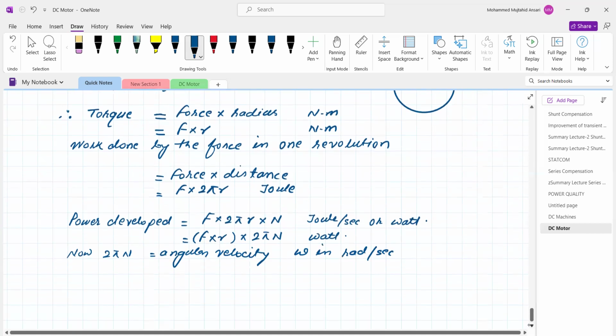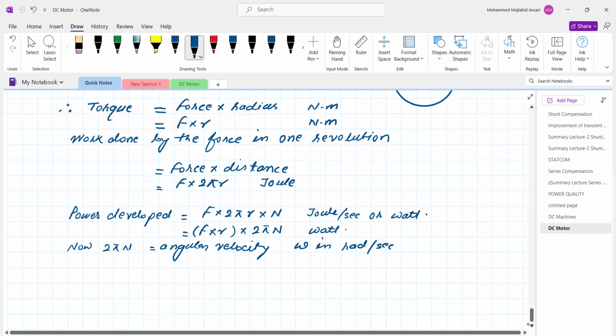Therefore, power developed, force into radius, is nothing but the torque.